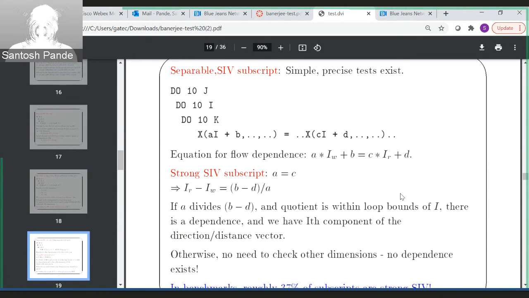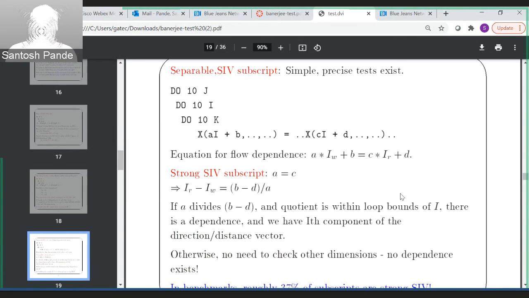The most generalized subscript case which occurs in the linear way is that the first subscript is a times I plus b, and the second subscript is c times I plus d. What we are looking for here is them being equal in IW and IR iterations. And so a times IW plus b is equal to c times IR plus d.